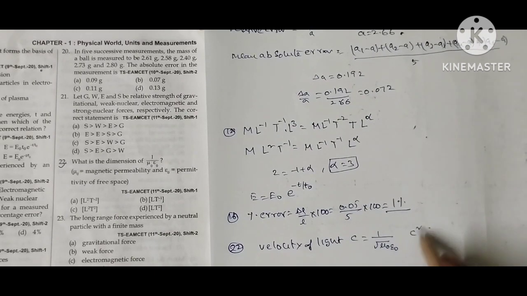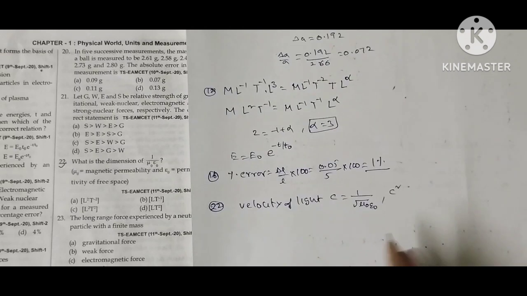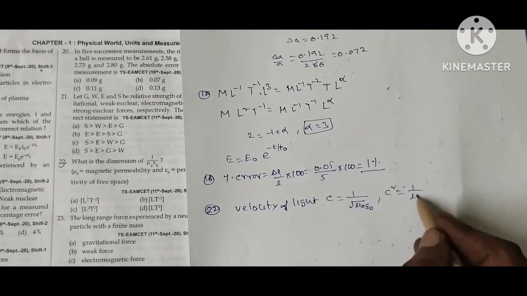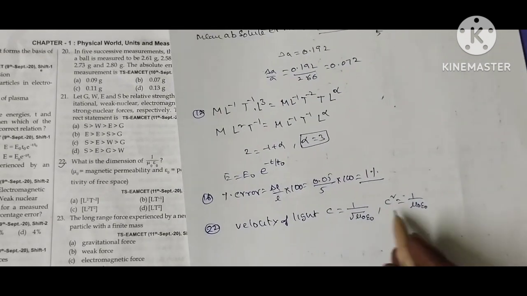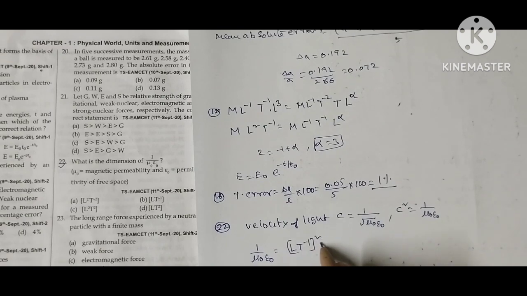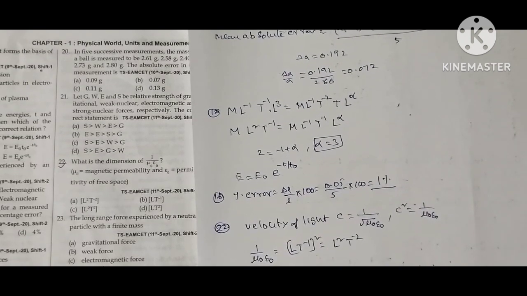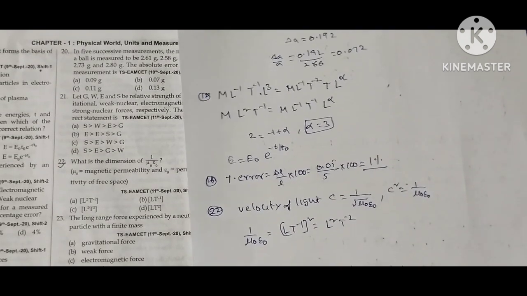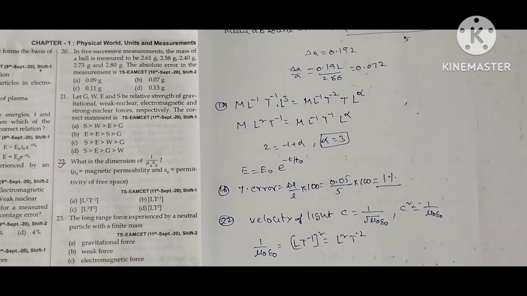If you square both sides, you will get C square is equal to 1 by mu naught epsilon naught. That means velocity of light square. The dimensional formula of velocity is L T power minus 1, whole square. You will get L square T power minus 2. That is the answer.